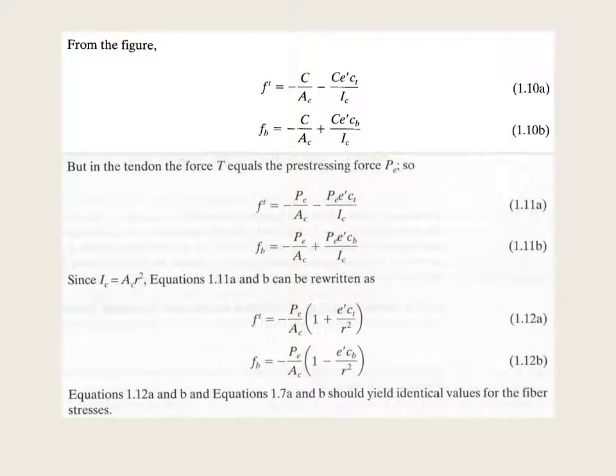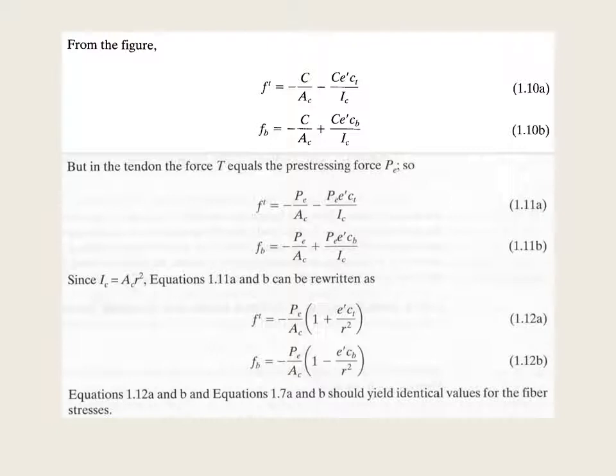So in the final form, in the formula, we just simply use Pe. Pe means we have the effective pre-stressing, so the losses were already deducted.